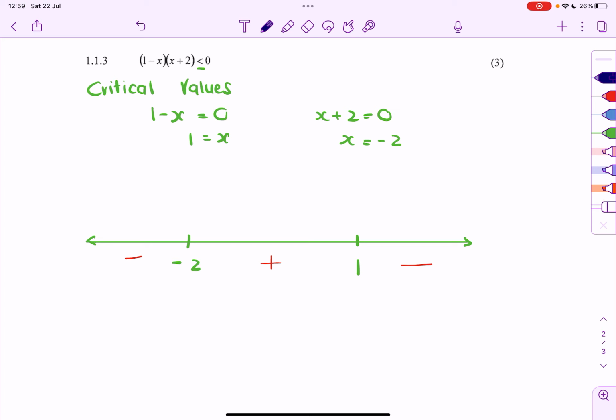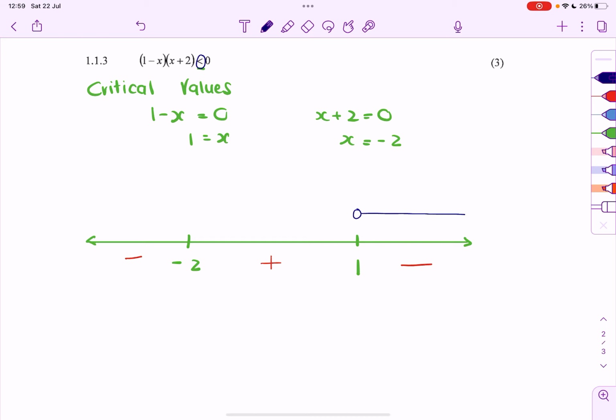Now that we figured out the signs of each of the regions, we need to check back onto our inequality. Our inequality here says less than 0. Less than 0 means negatives. So, which numbers are negatives?